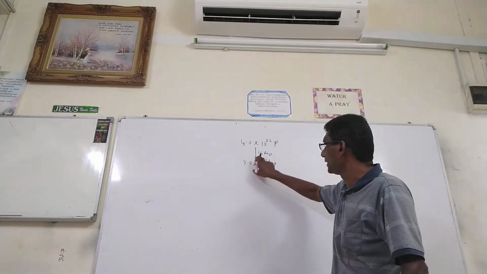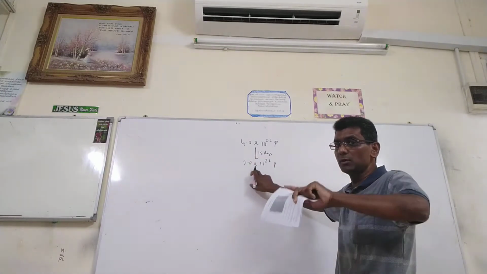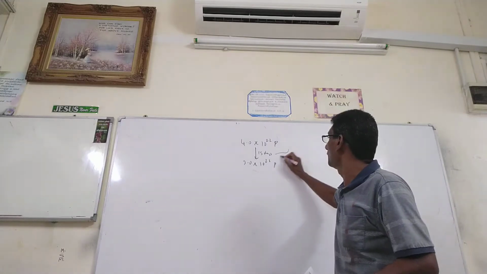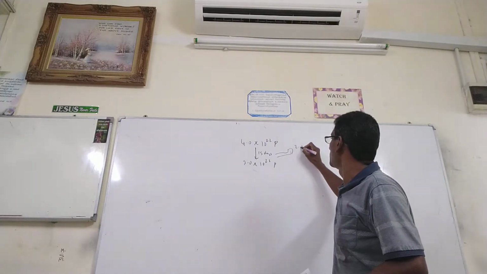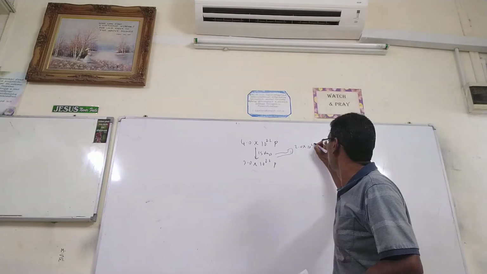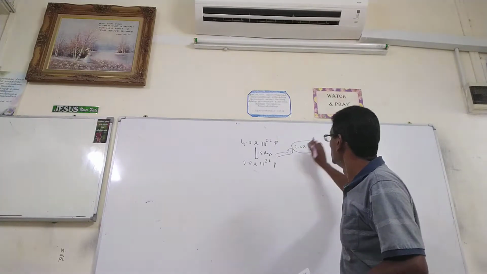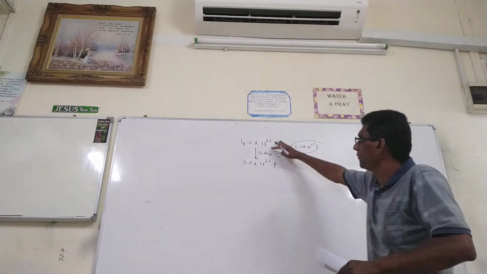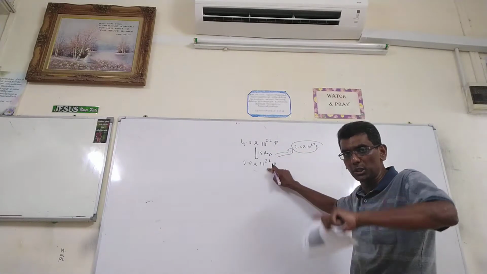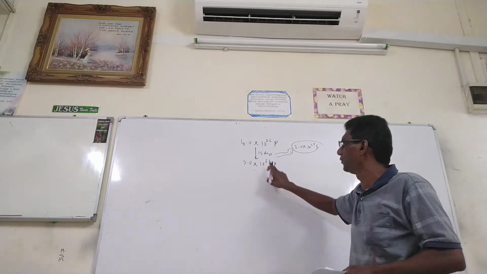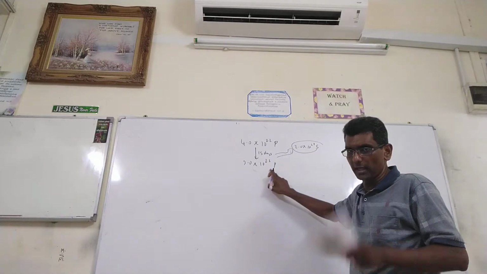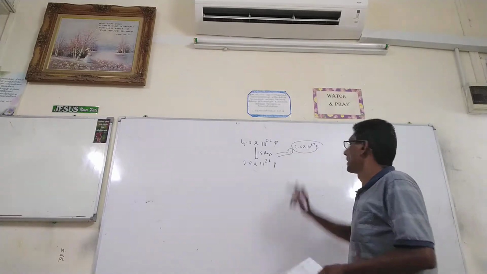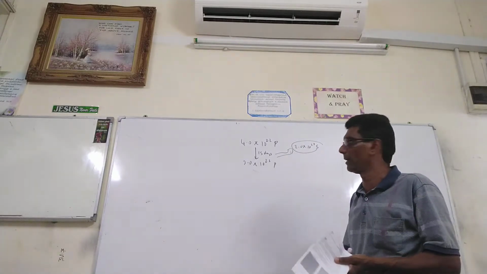So remaining after 15 days is 2.0 times 10 power 22. The other half, 2.0 times 10 power 22, becomes sulfur. So after 15 days, the remainder is 2.0 times 10 power 22 phosphorus, and the other half has become sulfur.